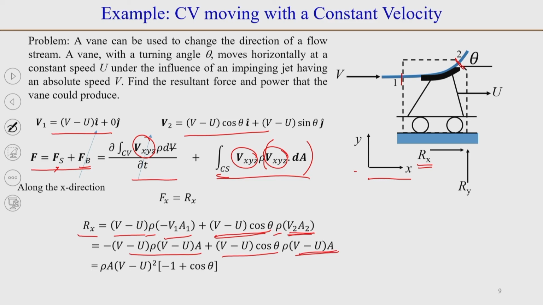We will have rho v minus u squared a, which will be common in both, so we take this outside the bracket: rho v minus u squared within a bracket, minus 1 from the first term, plus the second term, which will also have rho v minus u squared a. The only thing left is cos theta. So, R x will be equal to rho a v minus u squared into within bracket minus 1 plus cos theta. That is the reaction force.